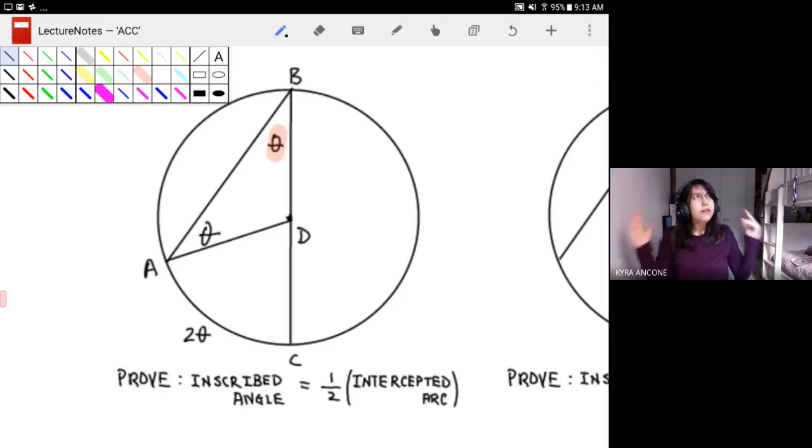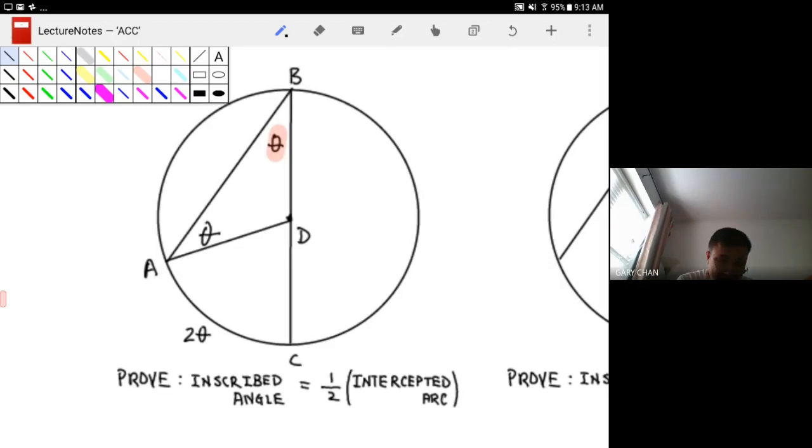Because the two sides are radii, and all radii are the same length. Right, so BD is congruent to AD because we recognize they are radii of the circle. Therefore, triangle ABD must be an isosceles triangle. I love that.